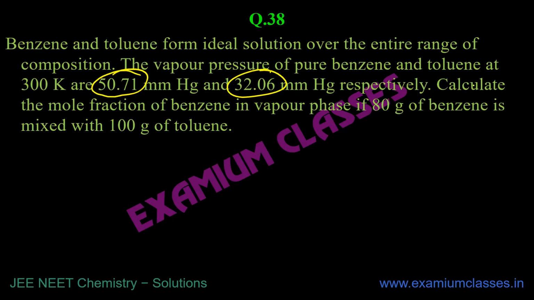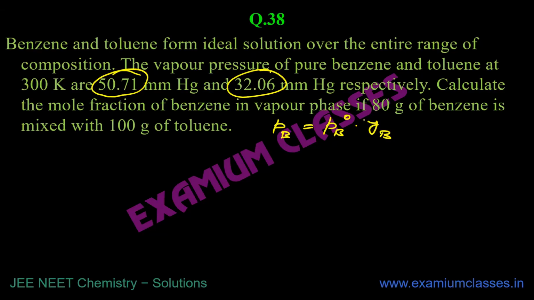If you want to calculate the mole fraction of benzene in vapor phase, what is the formula? It is benzene and toluene, so I'm writing B for benzene and T for toluene. PB will be equal to P total into YB, where YB is the mole fraction in vapor phase.